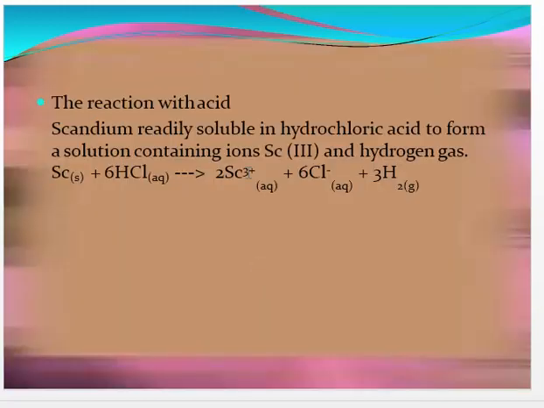The reaction with acid: scandium is readily soluble in hydrochloric acid to form a solution containing scandium 3 ions and hydrogen gas. For example, this is our chloride anion, hydrogen, and the scandium ion.